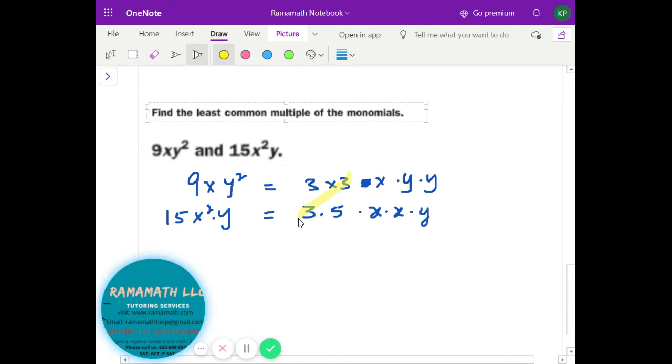So these 2 have 3, x and y in common. So whatever you have in common, first write it down. So you're going to write 3, x, and then y. And then you write down the leftovers. So 3, y, 5, x.